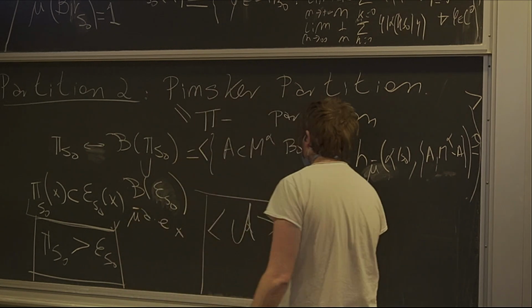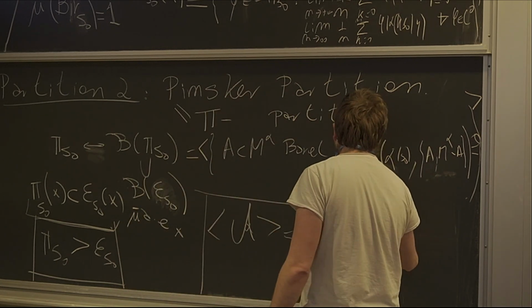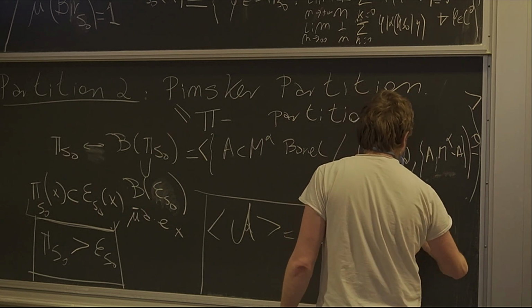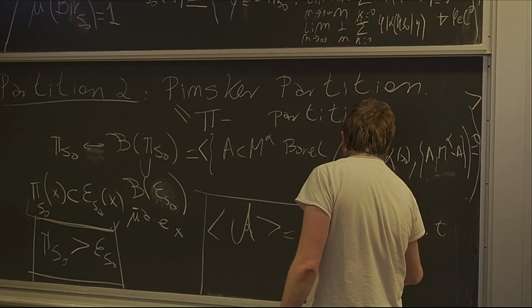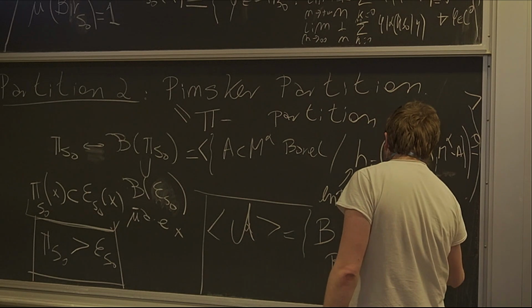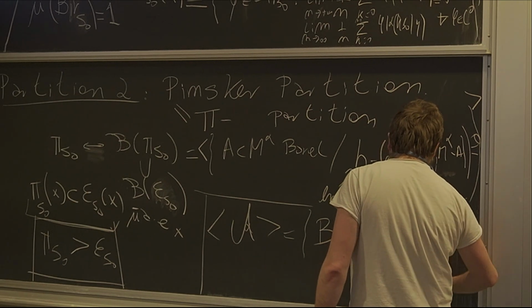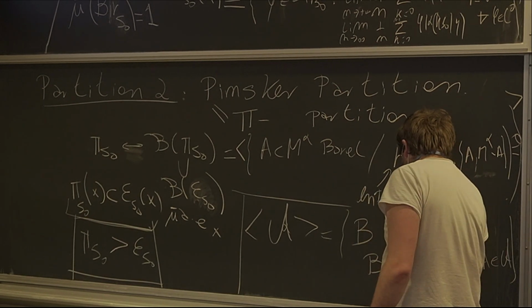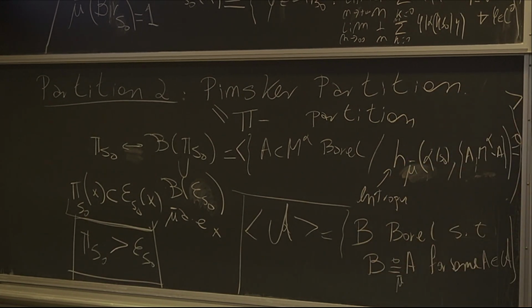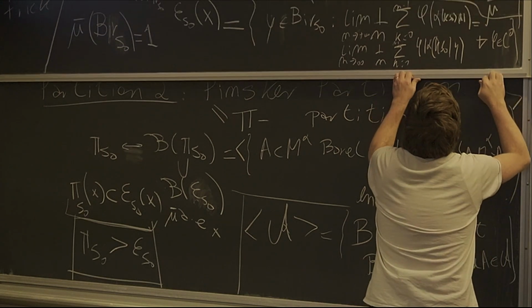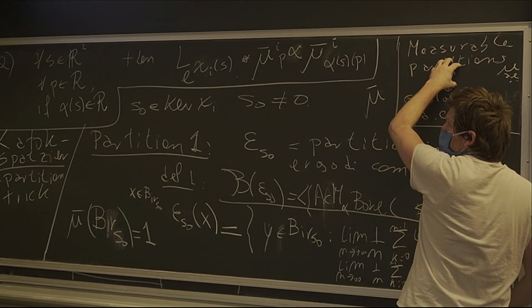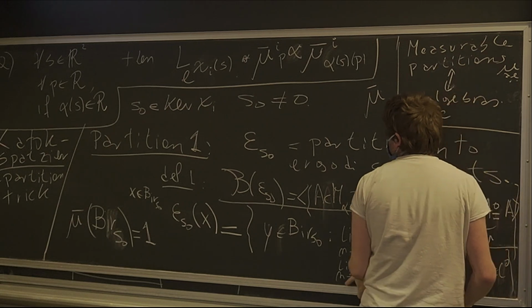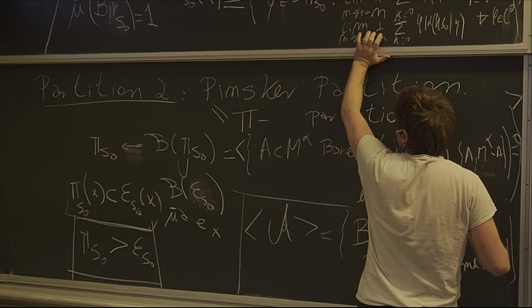So this is all the sets B Borel such that B coincides mod 0 with A for some A in the sigma algebra. Okay, so you enlarge your sigma algebra to add all the sets of measure 0. This is the completion. And this is required to have this thing here well established. Again, this is some ergodic theory.